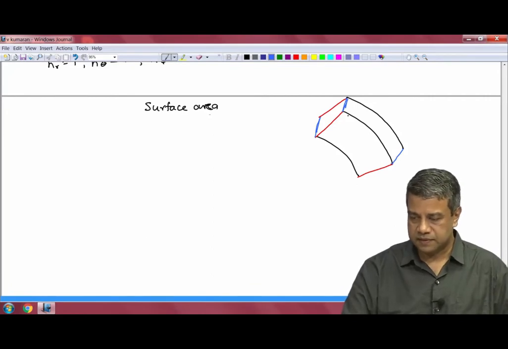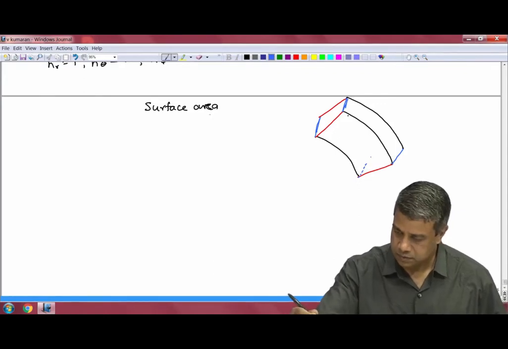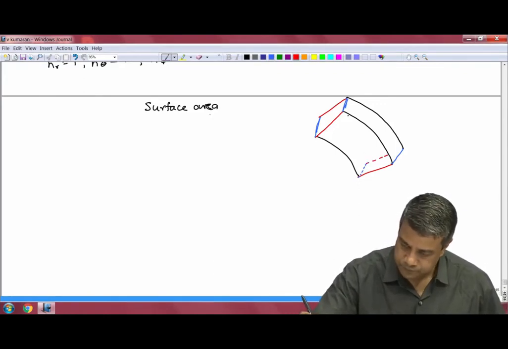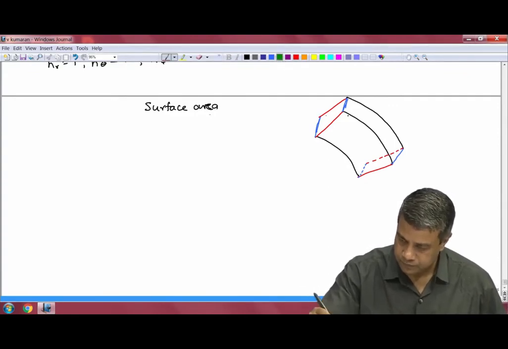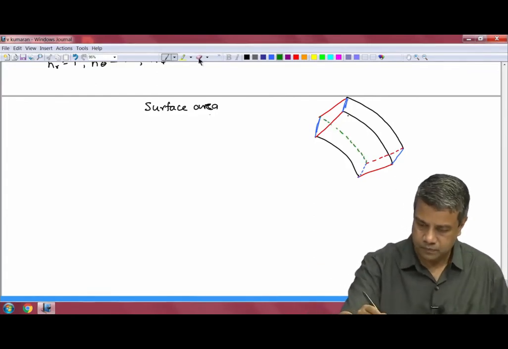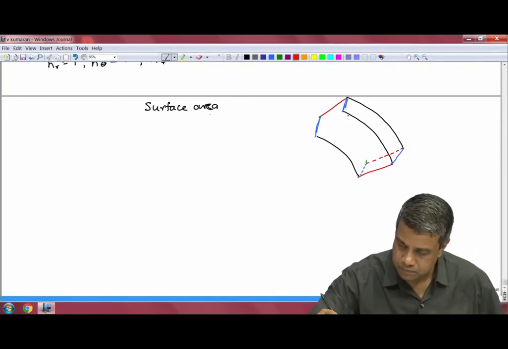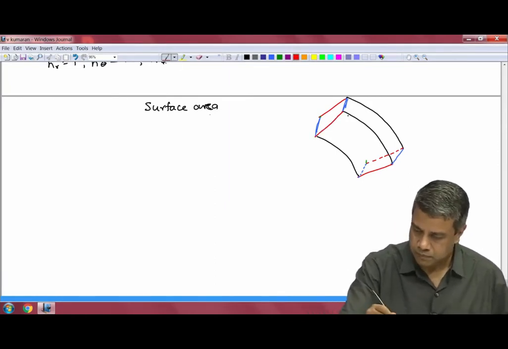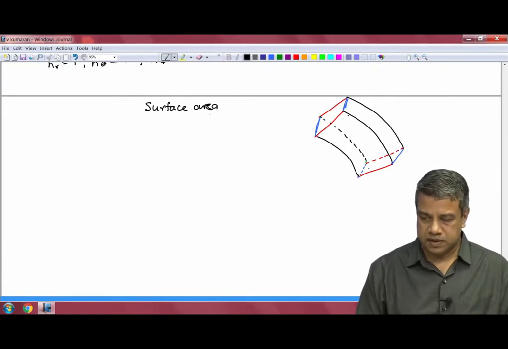So, these are the 6 surfaces of the differential volume. So, this is the differential volume.